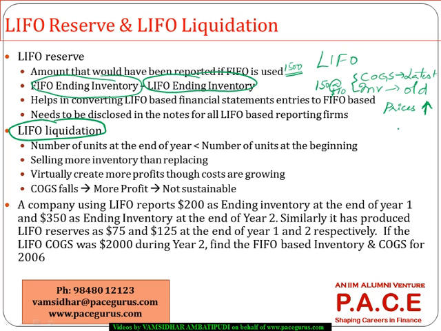Now let's say in this year 200 items were sold, but only 80 raw materials were purchased at $25.